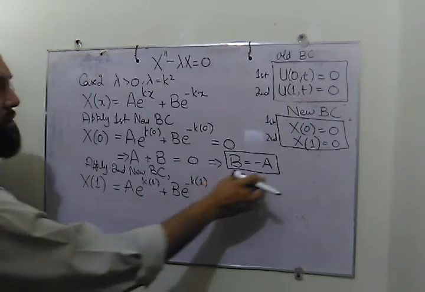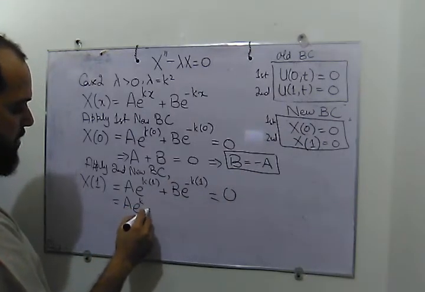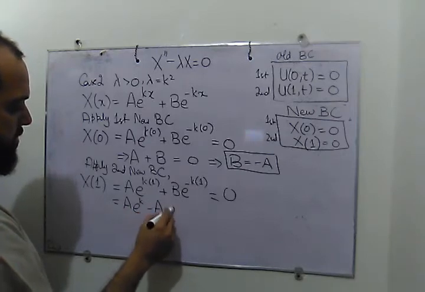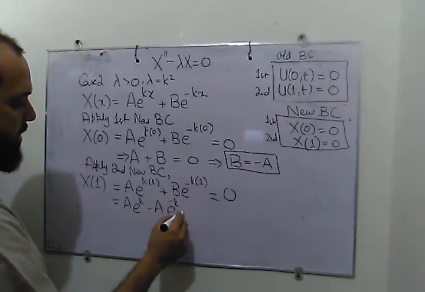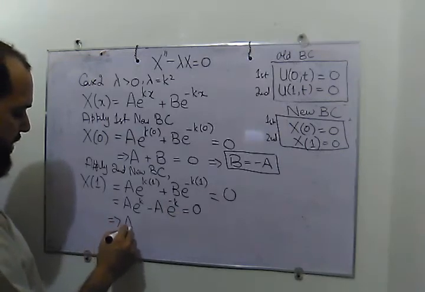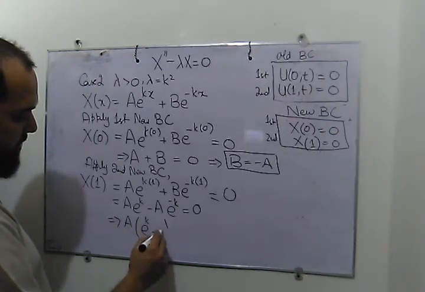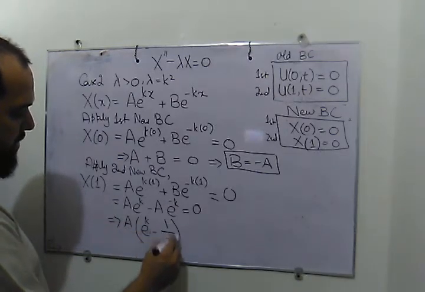We have found that b is equal to minus a. We can write it as a exponential k minus a exponential minus k is equal to 0. Taking a common, a times e exponential k minus 1 upon e exponential k is equal to 0.